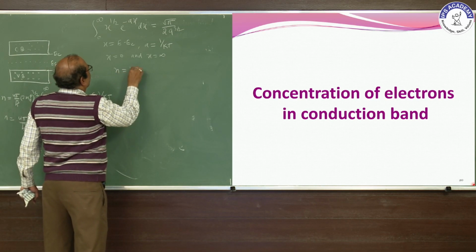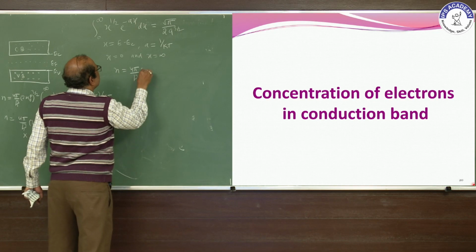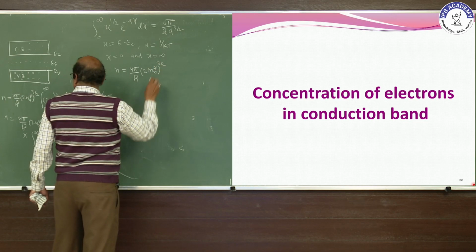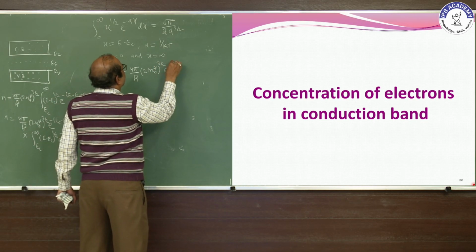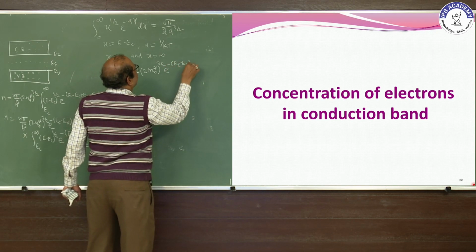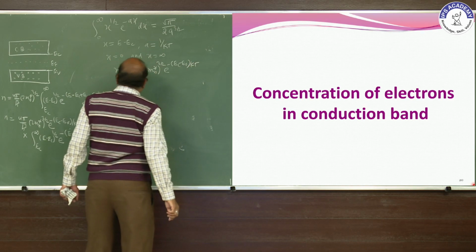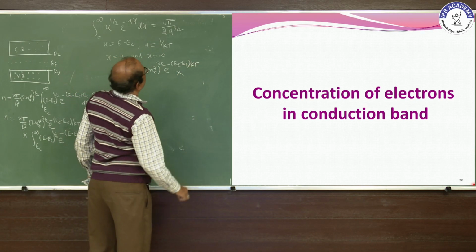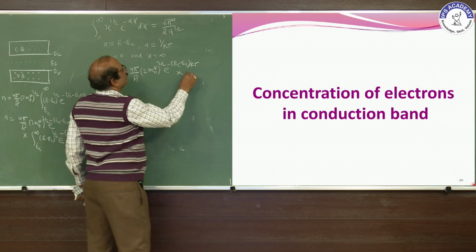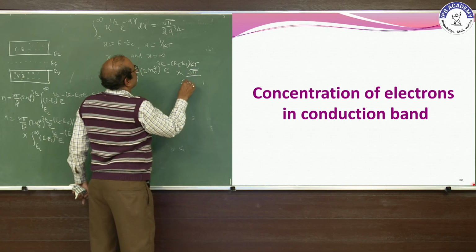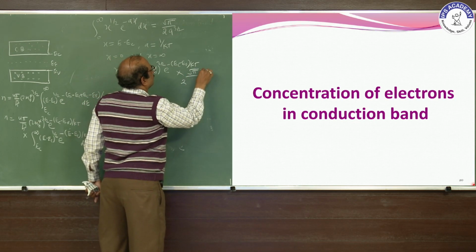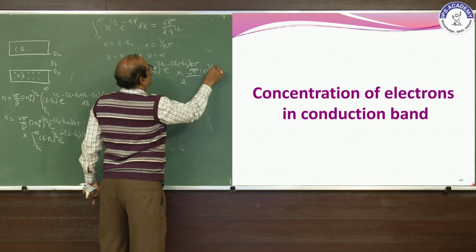So we put the value here. n equals 4 pi upon h cube, 2 mn star whole to the power 3 by 2, as it is, e to the power minus (Ec minus Ef) by kT, into the solution of this integral, which is root pi upon 2a to the power 3 by 2. With a equal to 1 by kT, kT to the power 3 by 2 will come in the multiplication.